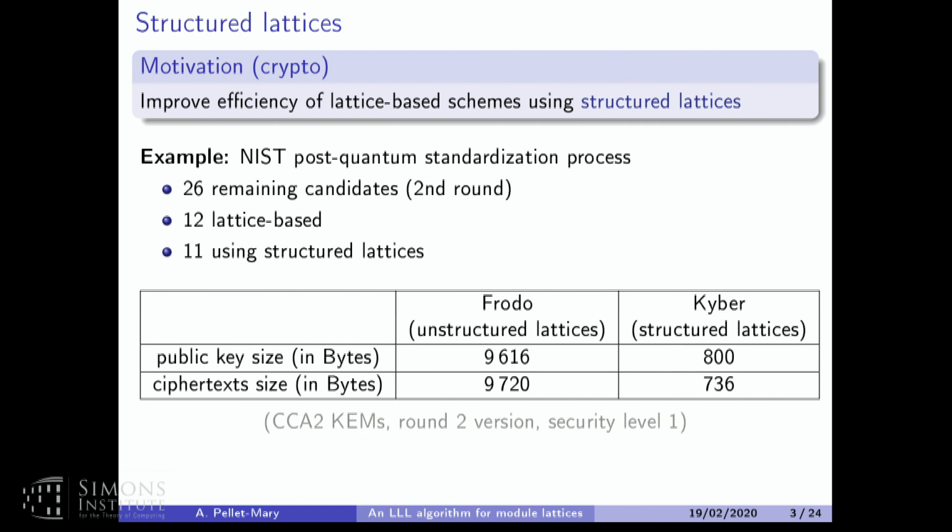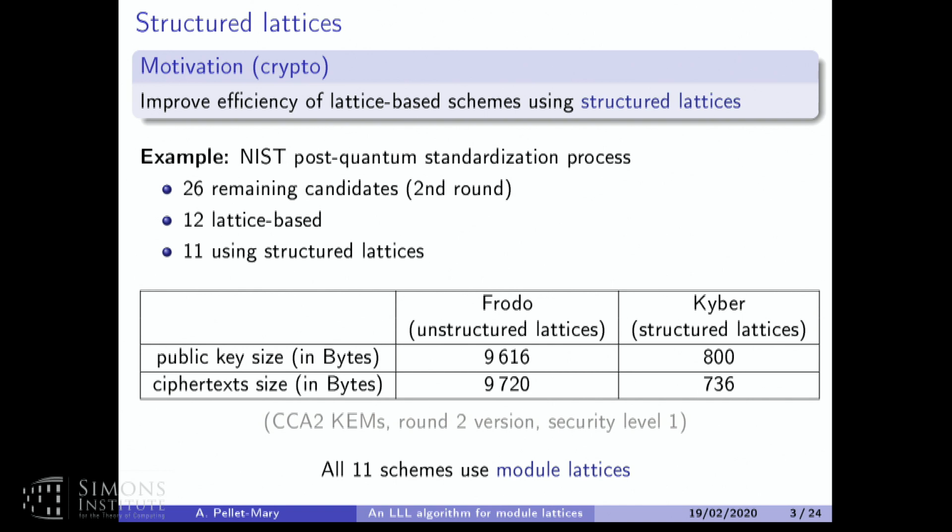In fact, these 11 candidates using structured lattices all use module lattices, which is a specific kind of structured lattice. So that's the main motivation. We are interested in these module lattices because they are used a lot in current cryptographic constructions.